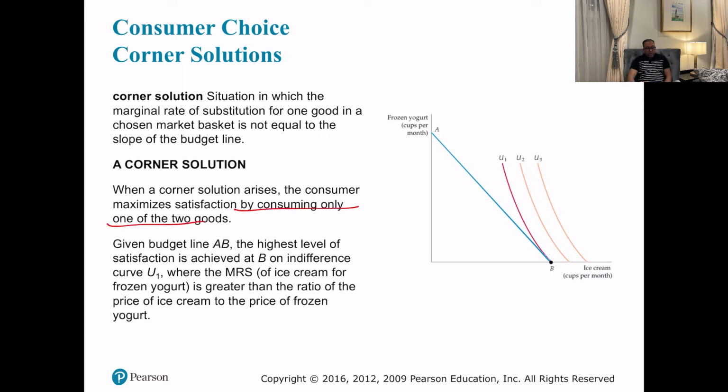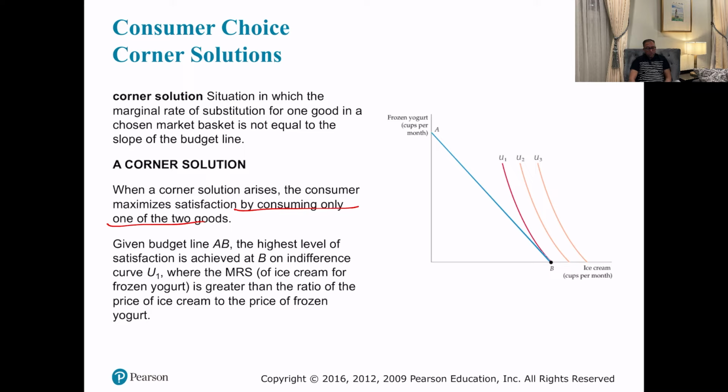Given budget line A, the highest level of satisfaction is achieved at point B on indifference curve U1, where the MRS of ice cream for frozen yogurt is greater than the ratio of the price of ice cream to the price of frozen yogurt. So if a consumer prefers only one product out of the two products, then we have a corner solution.